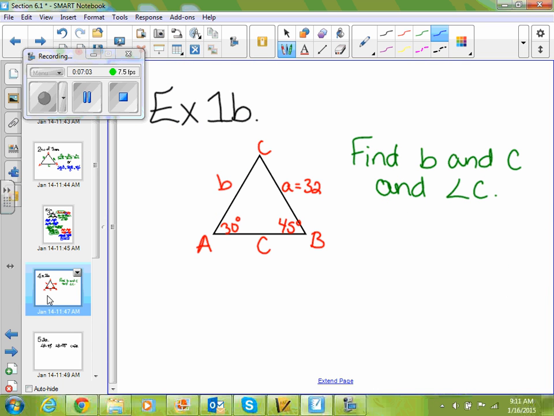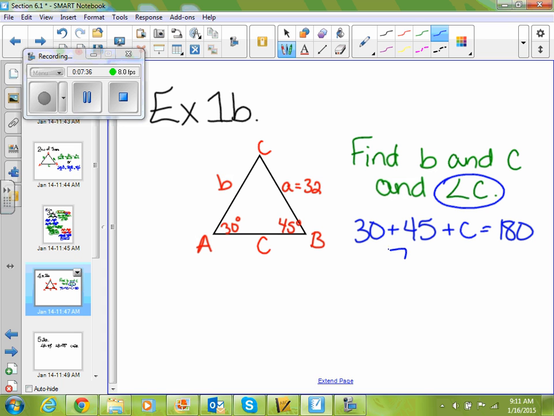So let's do another one like that. I'm given a triangle ABC where angles A and B are 30 and 45 degrees respectively, and side A equals 32. I need to find my side lengths B and C and my angle C. It's always easiest to start with your angles, because I know that these two angles, 30 plus 45, plus some angle C, are going to have to add up to 180.